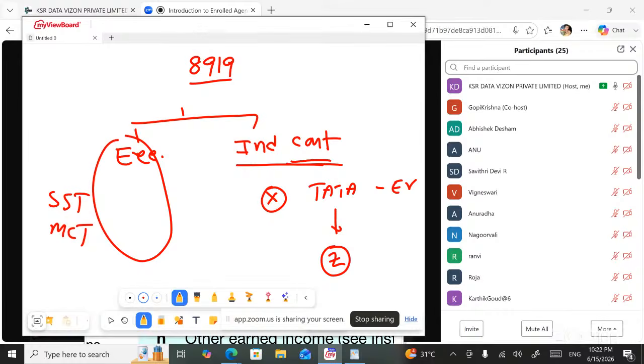But at the time of the payment, at the time of giving the document, instead of giving the W-2 form, which is the character of the employer and employee relationship, Tata company treated Z as just an outside service provider, just a one-time contract. "He is not my employee."